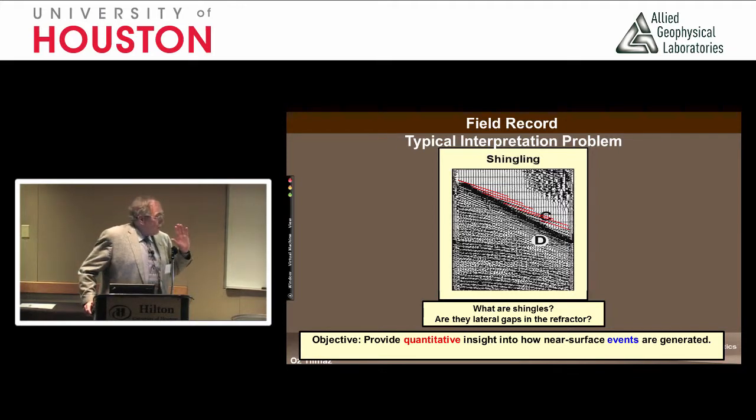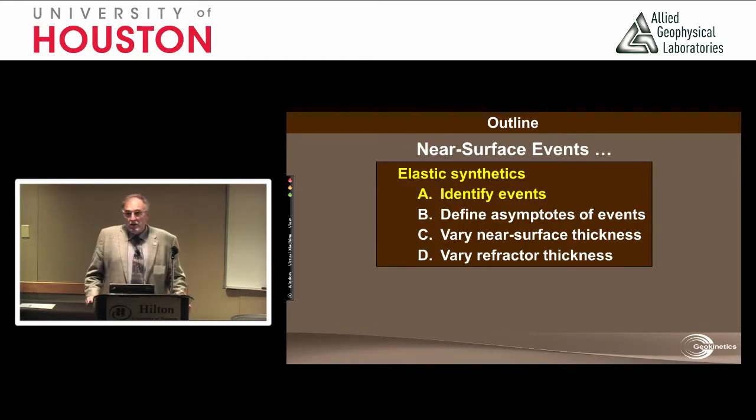So I'm going to start with the simplest model that I can, and in this outline, you'll see how it goes. I'll use elastic synthetics. Rob said it has to be something with elastic, what we're trying to measure. I said, okay. Let's try to identify events on a simple synthetic shot record. Then, once we identify events, we'll see those events have simple asymptotes, and those asymptotes actually carry information about the near surface.